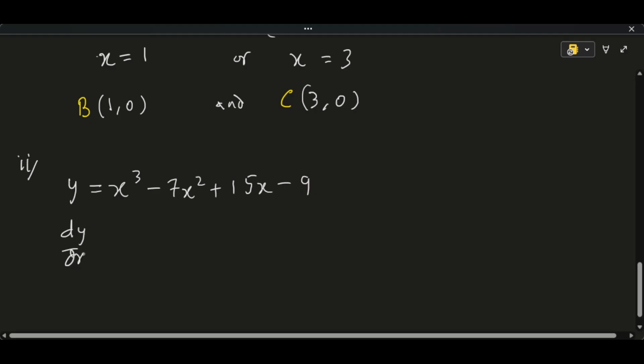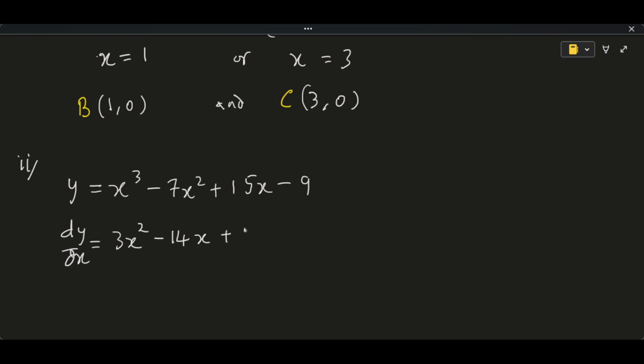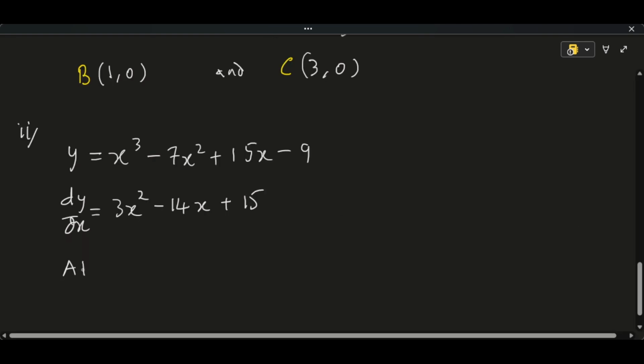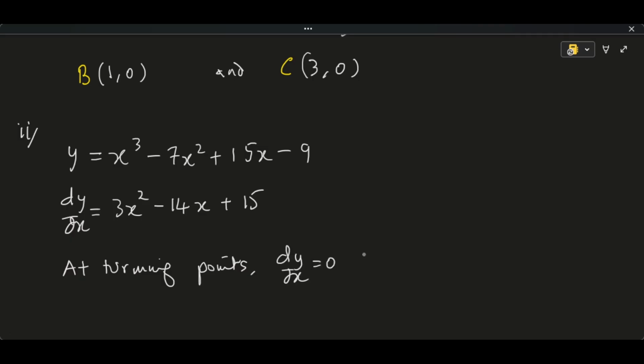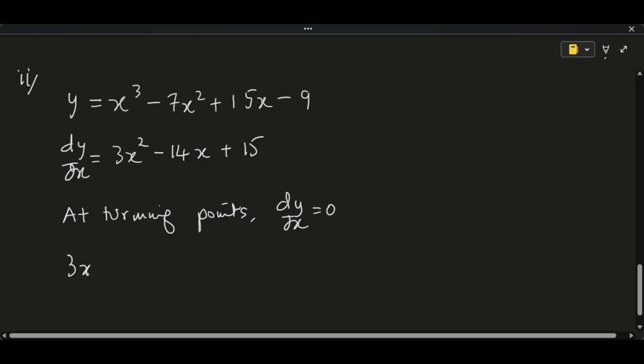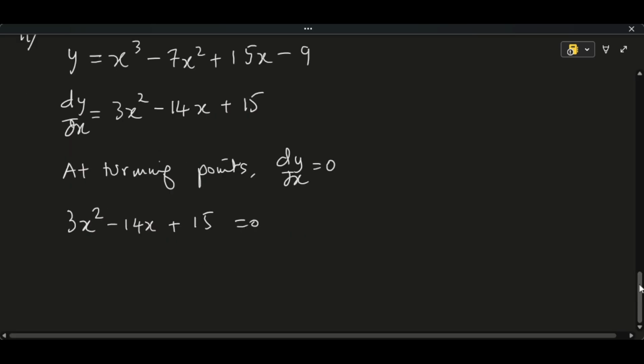So dy/dx is equal to 3x squared. Now, at the turning points, dy/dx is 0. So we're going to equate this equation to 0.